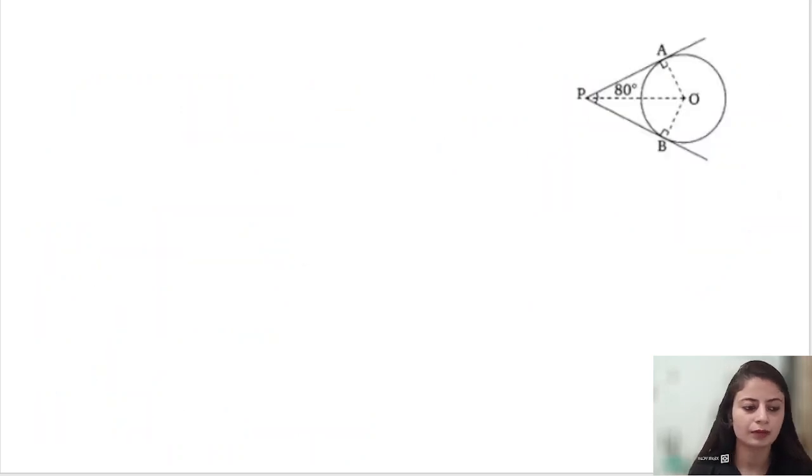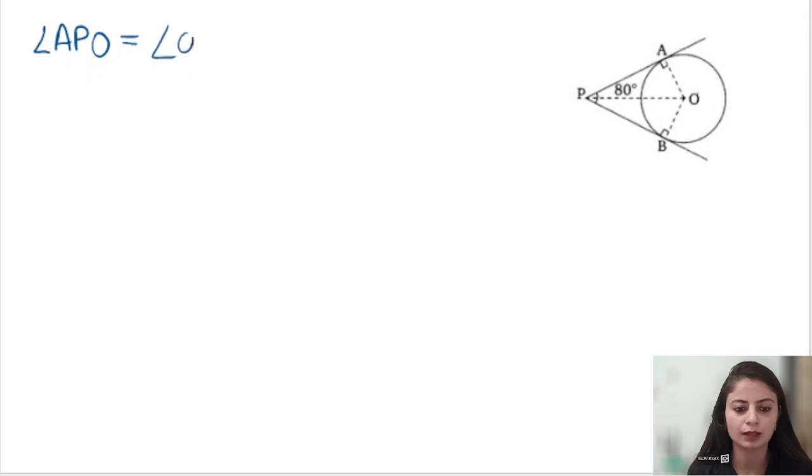Now we have proved that these two triangles are congruent. Now using CPCT, what I'll have, angle APO is equal to angle OPB. Right? This angle is equal to this angle. Now the sum of these two angles is 80 degrees.